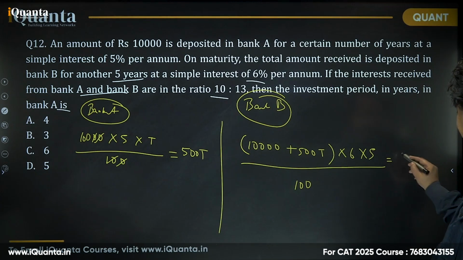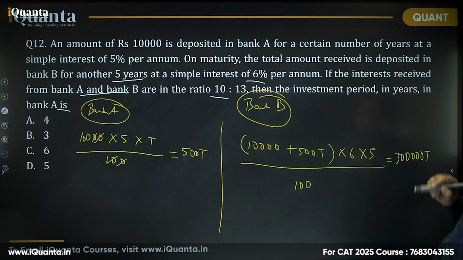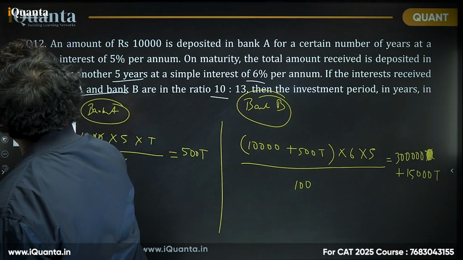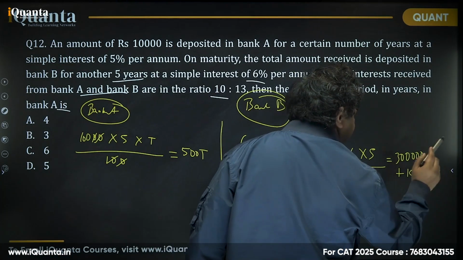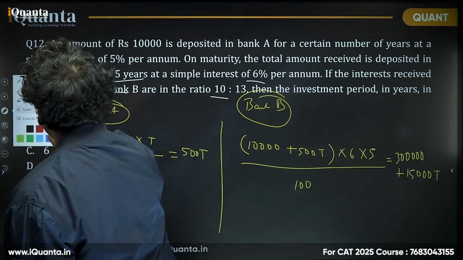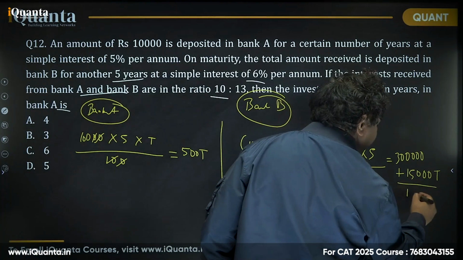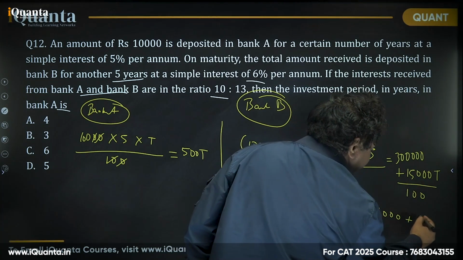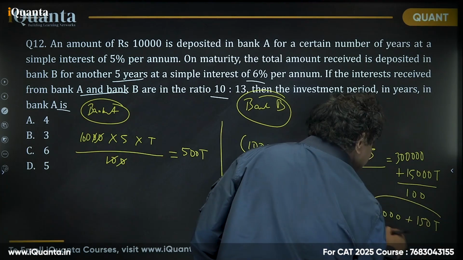I'll just write it to avoid any confusion. 300,000 plus 15,000T, and then divide by 100. Perfect. So we'll get 3,000 plus 150T as the interest from Bank B.